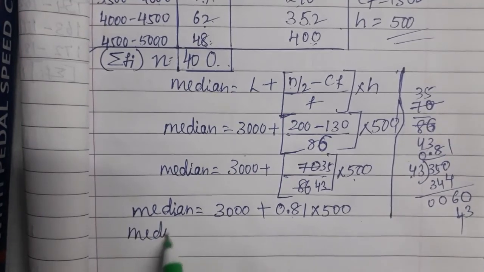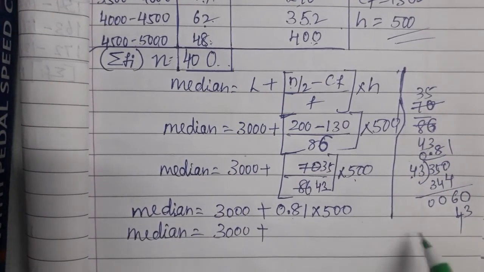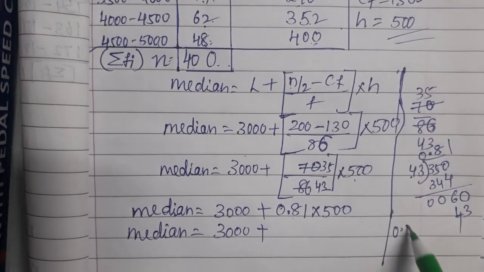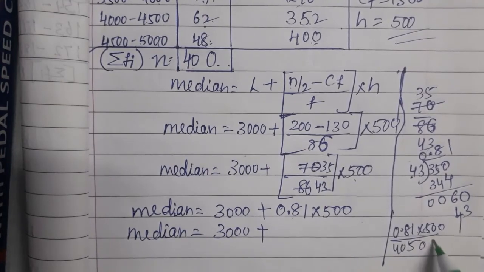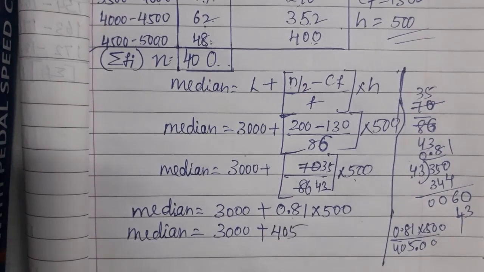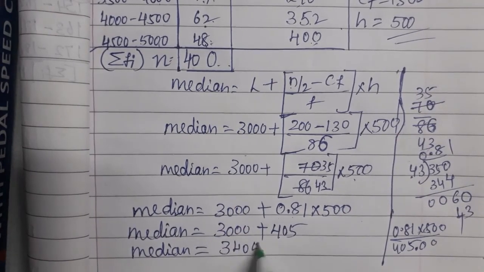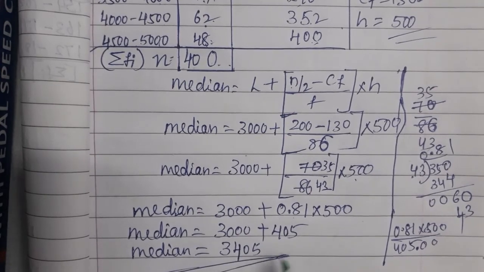So median is equal to 3000 plus you multiply 0.81 into 500. 5 ones are 5, 5 eights are 40, 2 zeros. After 2 digits you should keep a point. So this will become 405. So median is equal to 3405. Median is equal to 3405 is the answer.